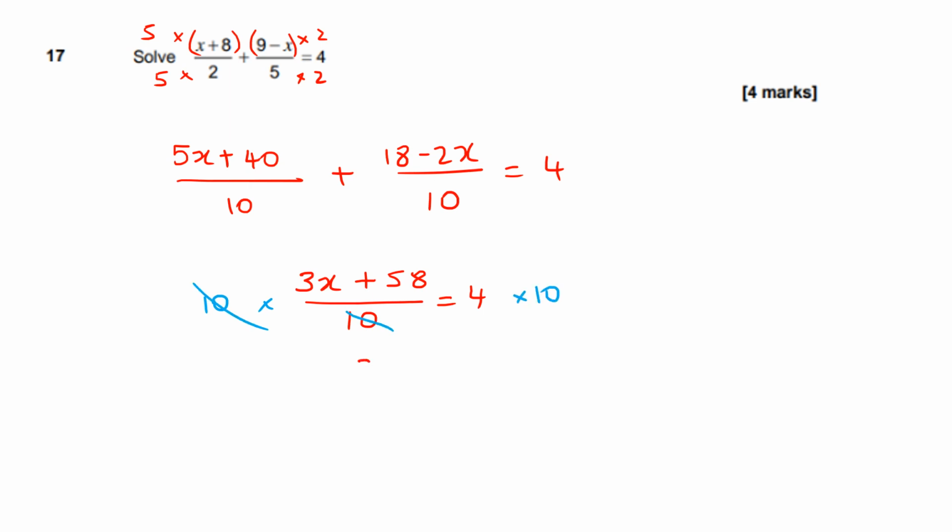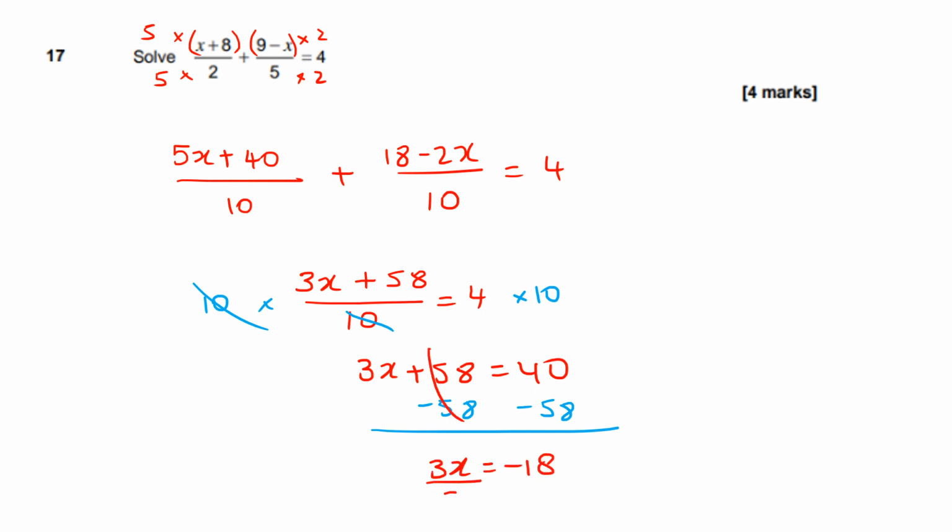That will give us 3x plus 58 is equal to 40. Take away 58 from both sides. This is going to cancel out. 3x is equal to negative 18, divided by 3, divided by 3. X is going to be negative 6. And that's how I get full marks from this question.